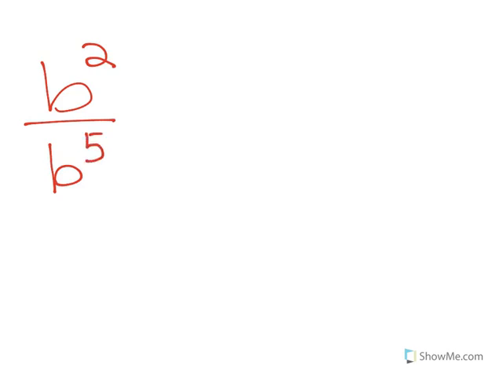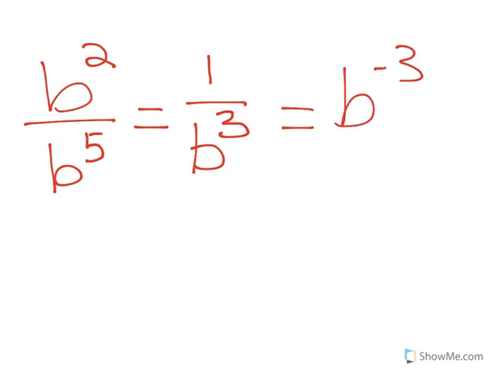Hit pause and try it on your own. Hopefully you got 1 over b cubed equals also b to the negative 3rd power. Go ahead and try the rest of the questions on your own.